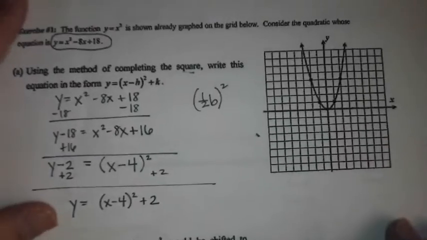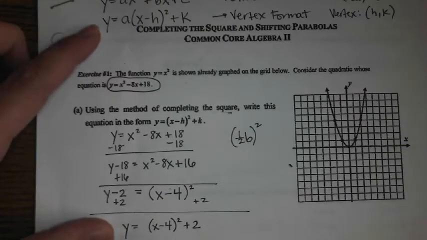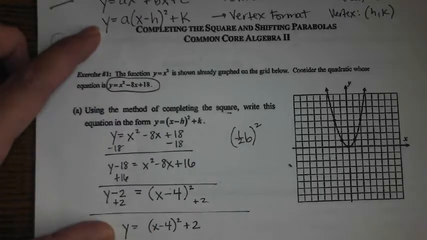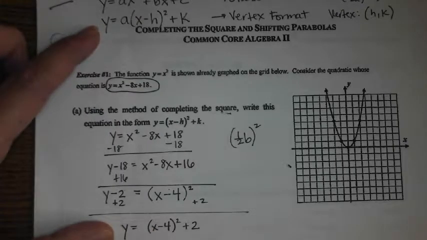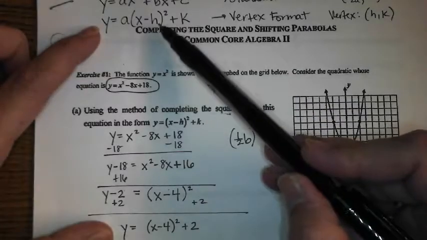Okay, now compare what we just got there with the format at the top of your paper. What is my value of A? What's in the A spot? What number? Technically a 1, right? What was A to begin with in our standard form? 1. That should be the same in both places. Your A value should not change. What number is in the H position?